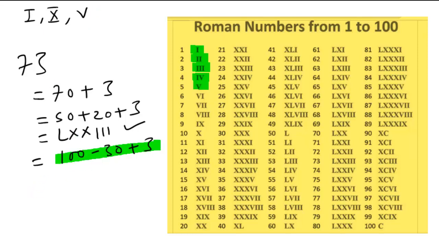If you try to write the 70 as 100 minus 30, and you are considering 100 minus 30, then for 30 first consider the 100 is C, and then you have to subtract X 3 times. So repeated subtraction is not allowed in Roman numerals. So this is an invalid combination.